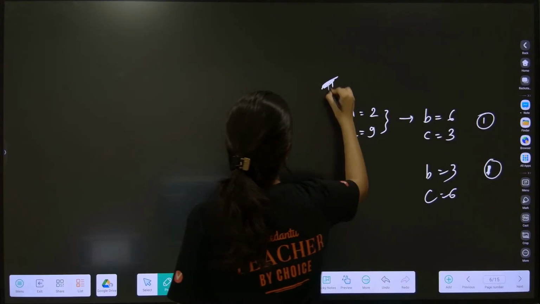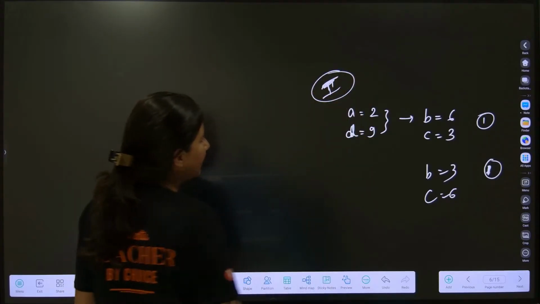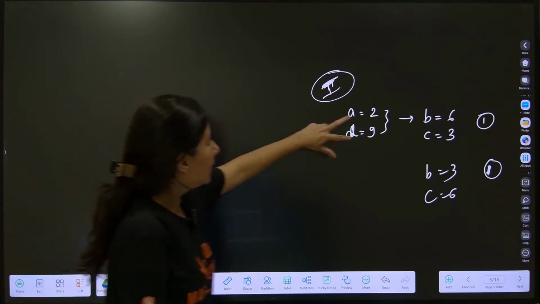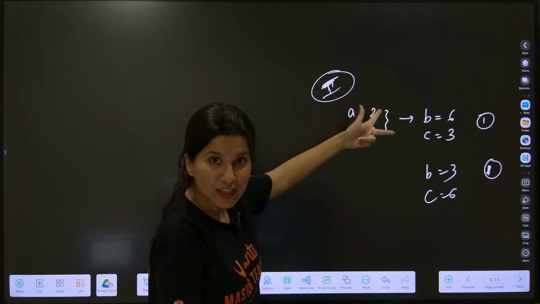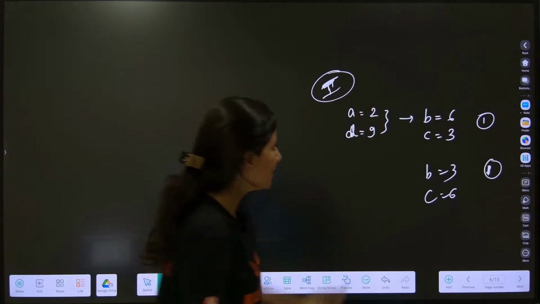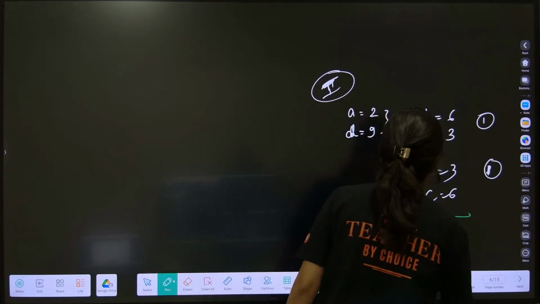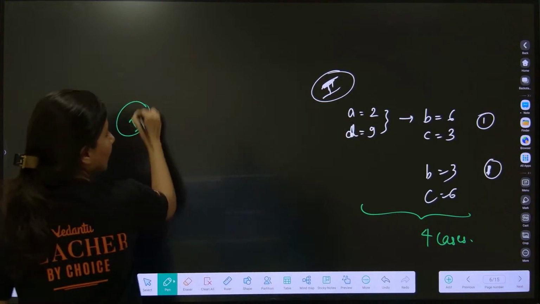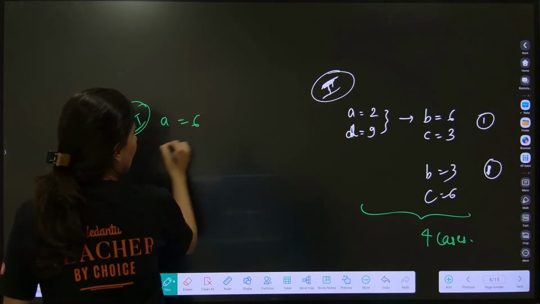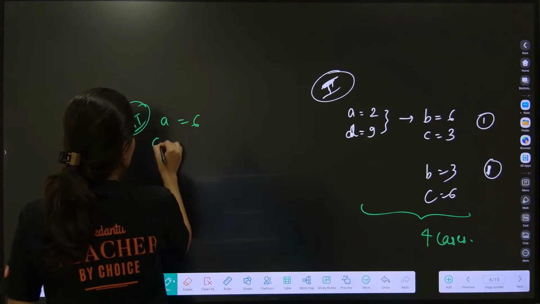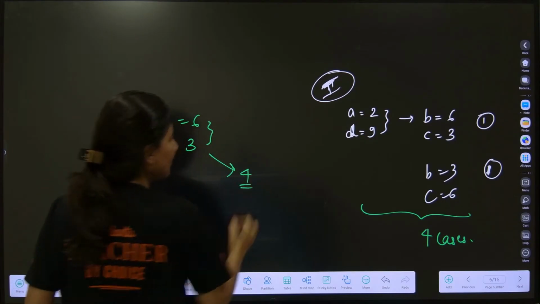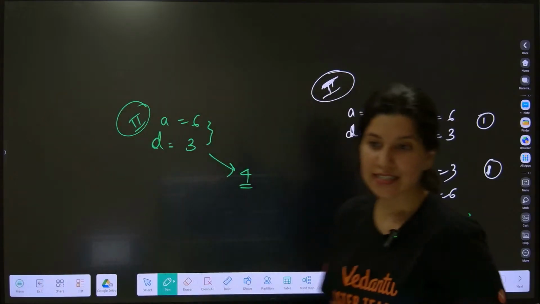Now what can happen is 2 and 9 also can interchange. So 2 more cases, so total 4 cases from this. Now understand case number 2. If your A is 6 and C and D is 3, and similarly 4 cases will be there, 4 plus 4, total 8 cases will be there.